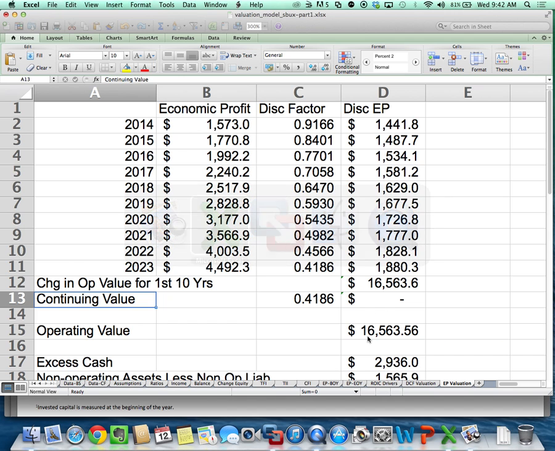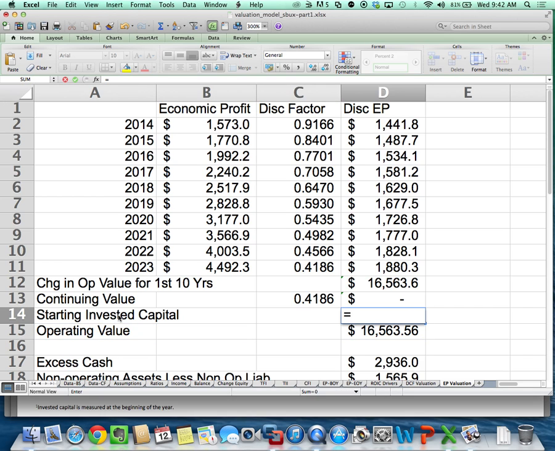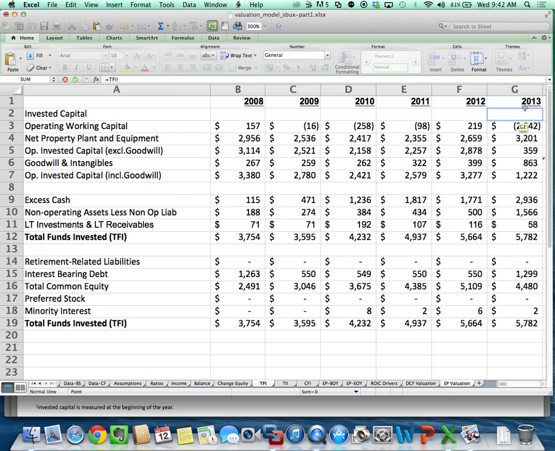So the third item I'm going to need is my beginning or starting invested capital. That is, from my TFI, my 2013 invested capital.